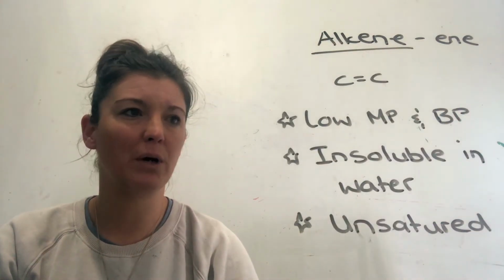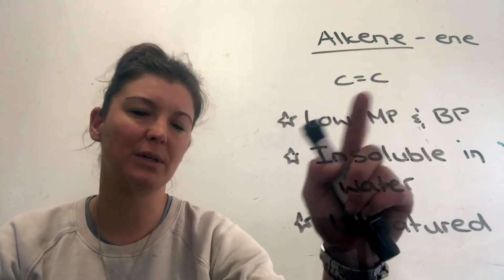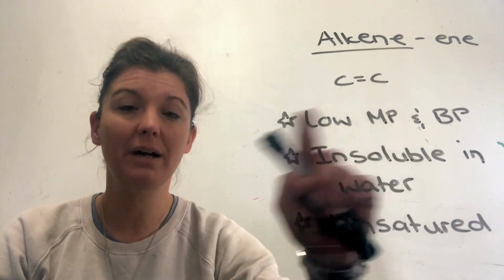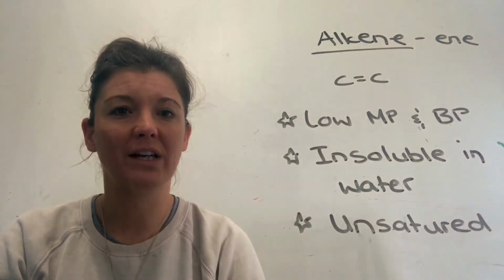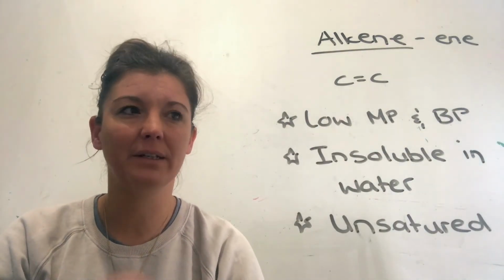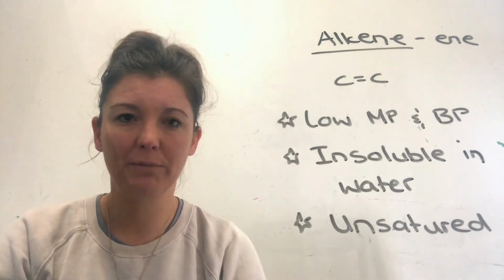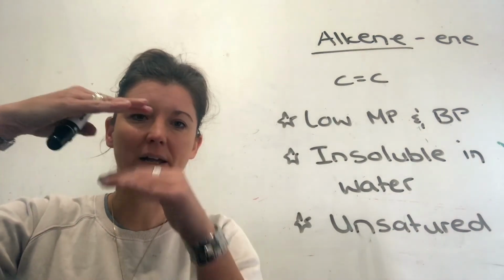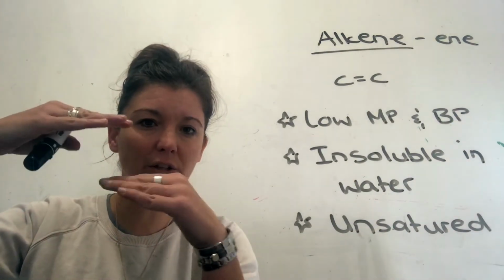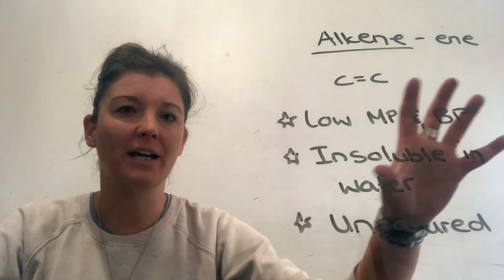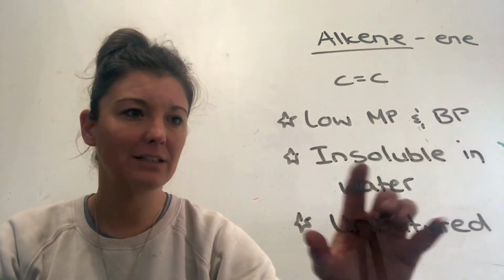For this one it's easy because it's only with one, so you don't necessarily have to write the number, but if it's longer, remember to write the number of the carbon that the double bond's on. They have low melting and boiling points because those molecular forces between those molecules are very weak, but the longer they are, the higher they get.